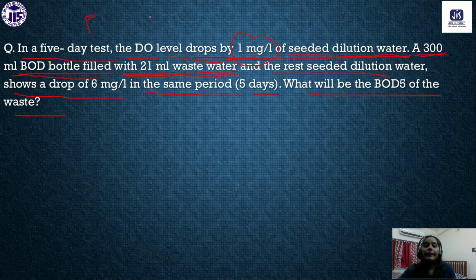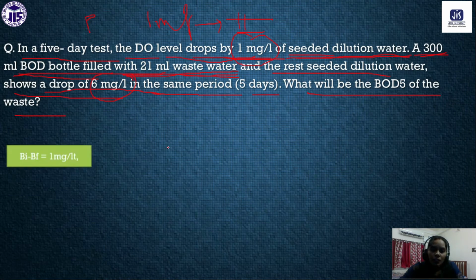That means this value is given only for bottle 2, where we have taken only the seeded dilution water, not the wastewater. Again, look here, and the rest seeded dilution water shows a drop of 6 milligram. This 6 milligram drop is for bottle 1.